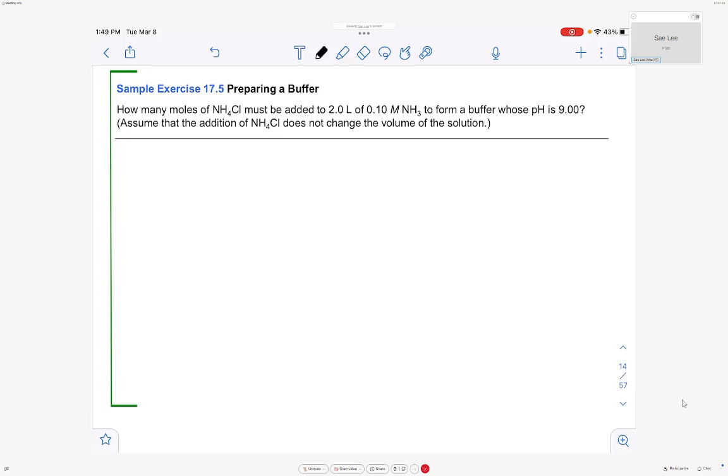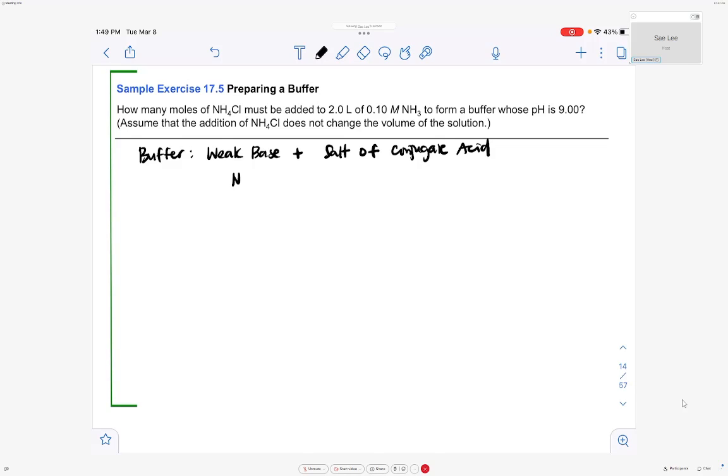So in this question, it looks like they're trying to prepare a buffer solution by mixing weak base and salt of ammonia's conjugate acid, right? So this buffer solution is made by weak base and salt of conjugate acid.